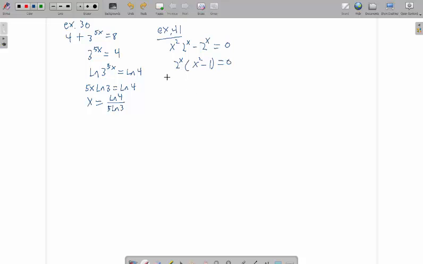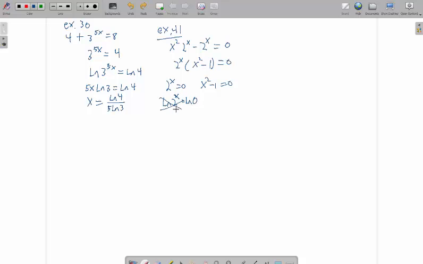So, according to my solving by factoring, I have to have 2 to the x equals 0. This was actually the zero product property that told us that. And x squared minus 1 equals 0. This first one is actually impossible because, to get the x out of the exponent, I would take an ln of both sides. But what's the ln of 0? Undefined.